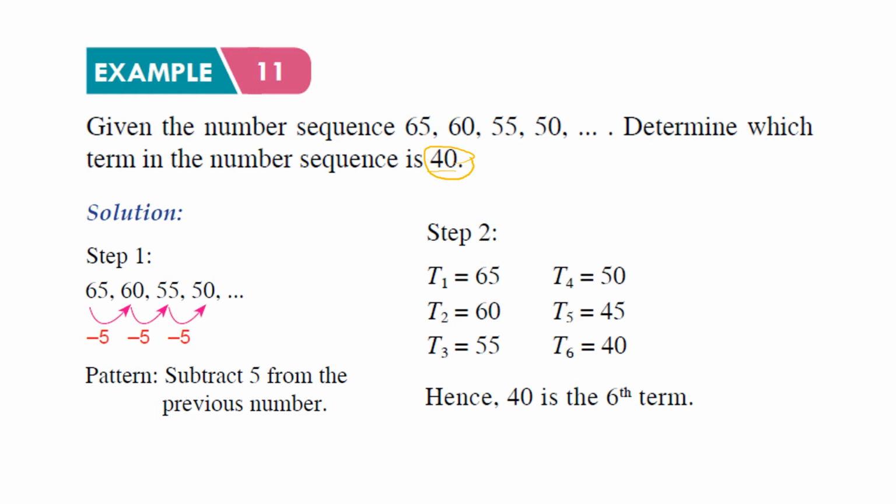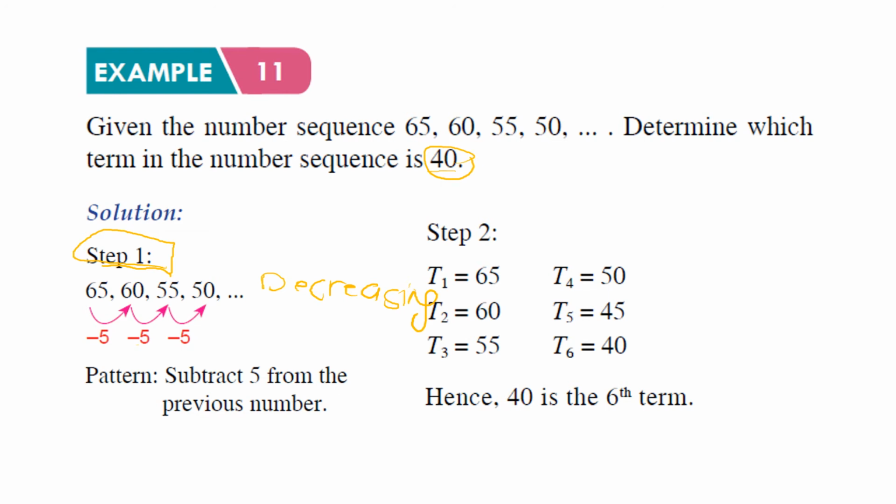Okay, step 1, we need to determine the pattern. 65 becomes 60 here. The number is decreasing, so the arithmetic operation may be subtraction or division. But 65 becomes 60, we already know 65 minus 5 equals 60. 60 minus 5 equals 55.